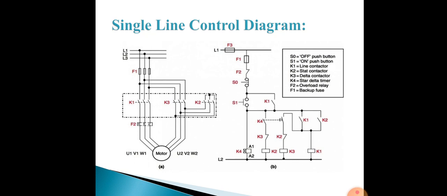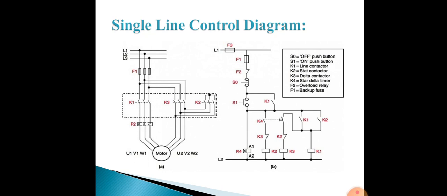This is a single line control diagram of the star delta starter. S0 is the off push button and S1 is the on push button. In this single line diagram there are four contactors: K1, K2, K3 and K4.